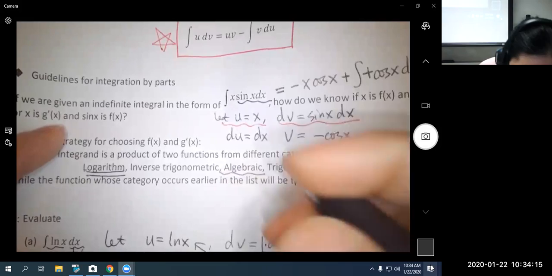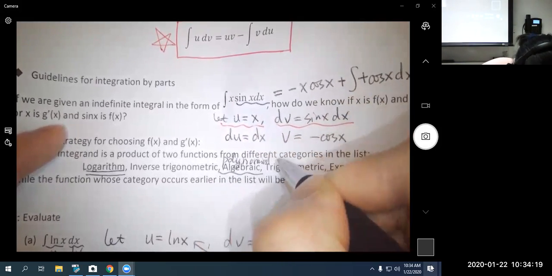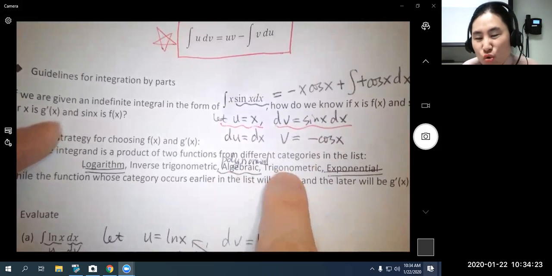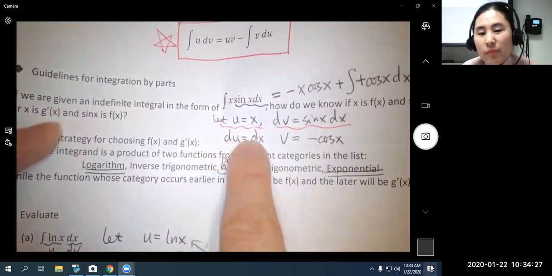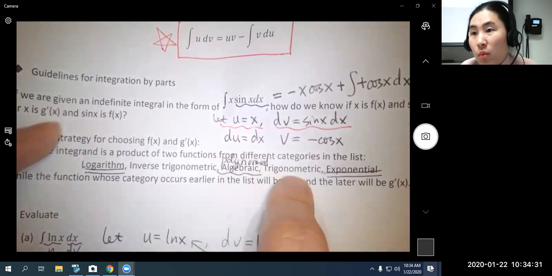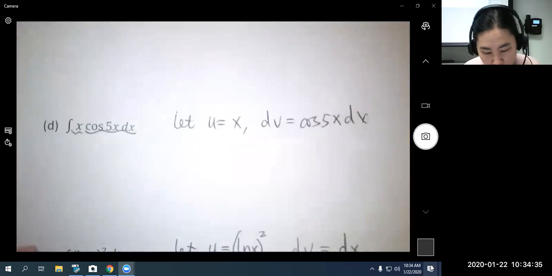I would say this is polynomial, most of the cases it's a polynomial. So when we encounter a polynomial and a trig function, most of the case we let the polynomial be our u, and then the trig function be our dv. Okay. All right. So let's still do the question together.